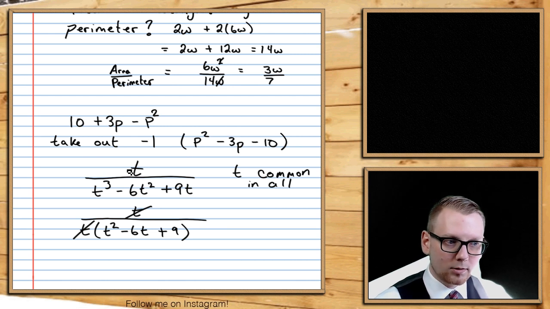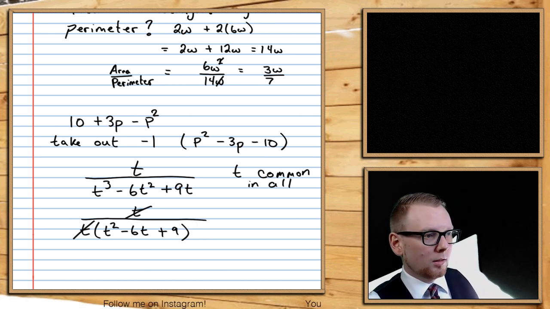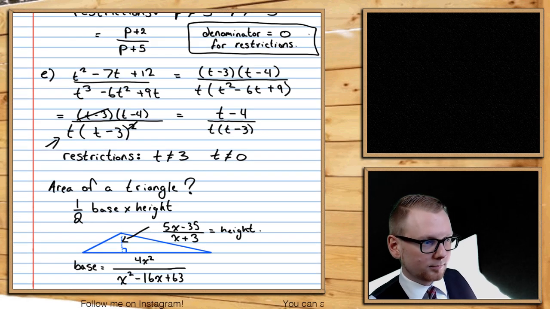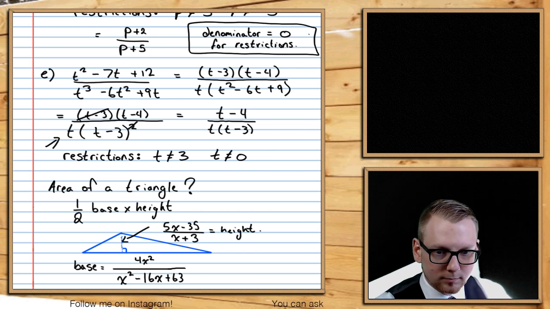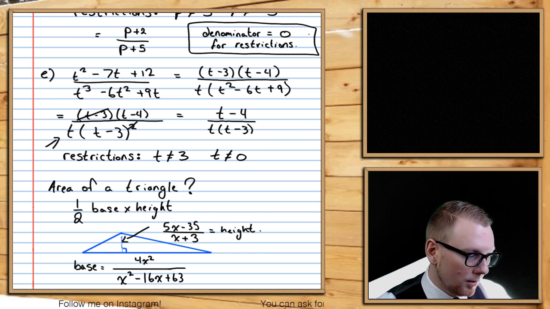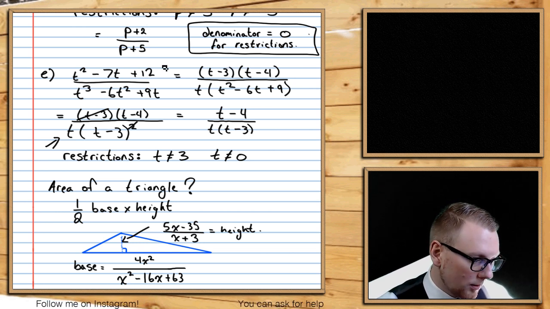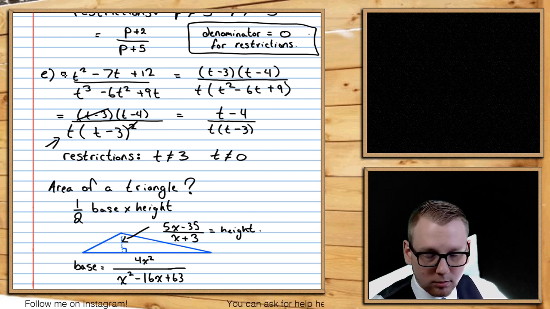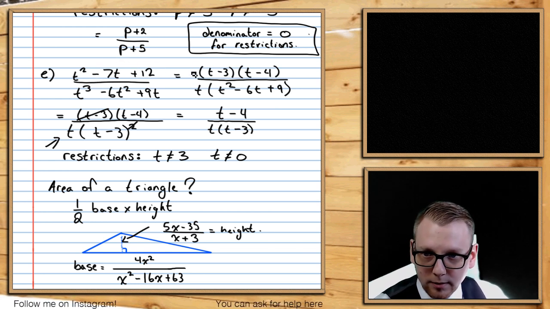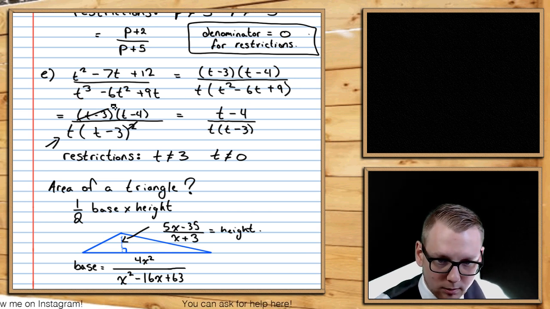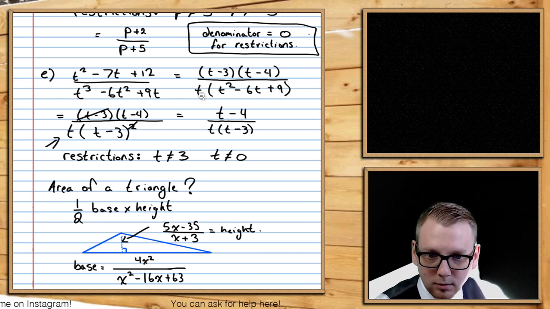So the one that had you confused was E, right? Yeah. This one. There was nothing that was any different. The top, the numerator, you factored just like normal. So you got that t minus 3 and t minus 4. Then you knew to take out the greatest common factor from the denominator. So you did that first. So that was the t.